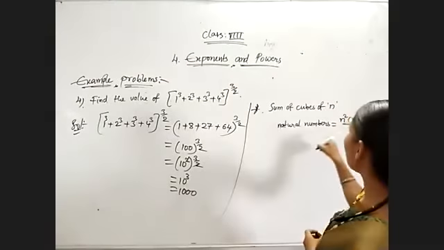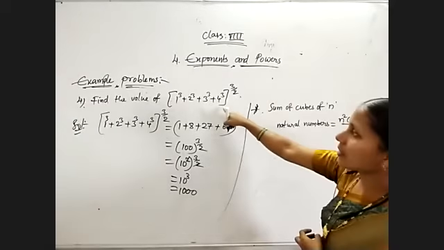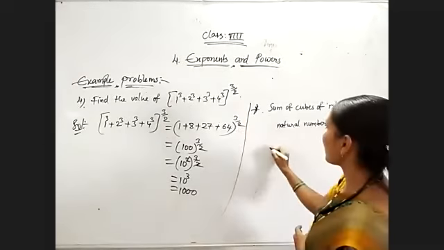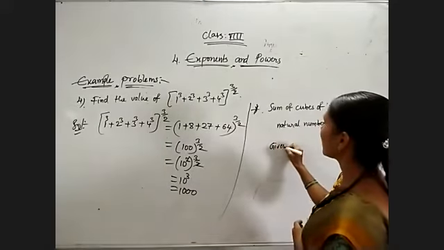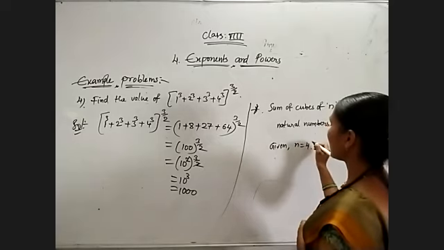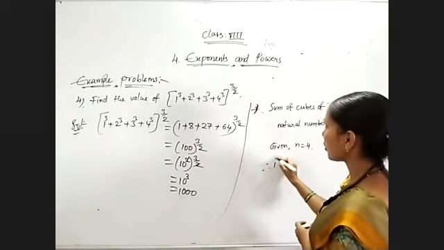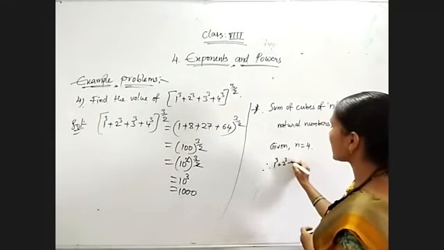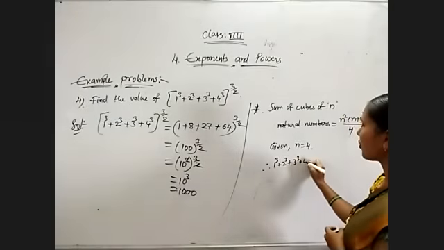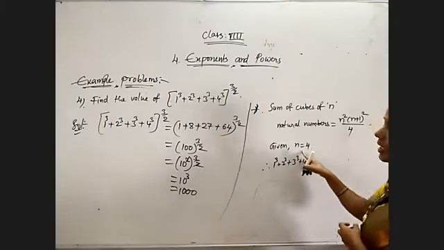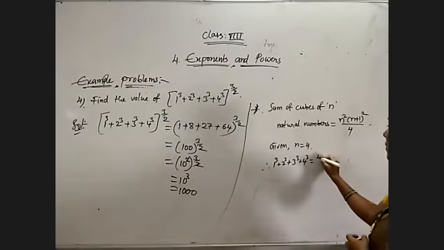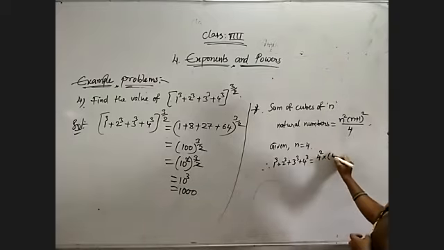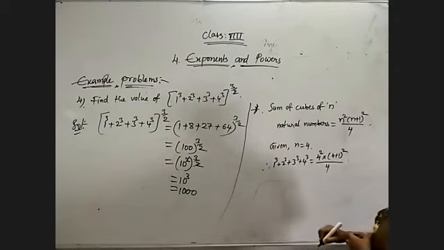Okay. Here, how many numbers are given? 4. So given n equal to 4. Therefore, 1 cube plus 2 cube plus 3 cube plus 4 cube is equal to, sorry, n square, 4 square into 4 plus 1 whole square by 4. Okay.